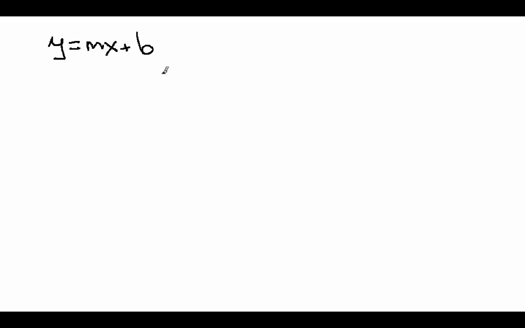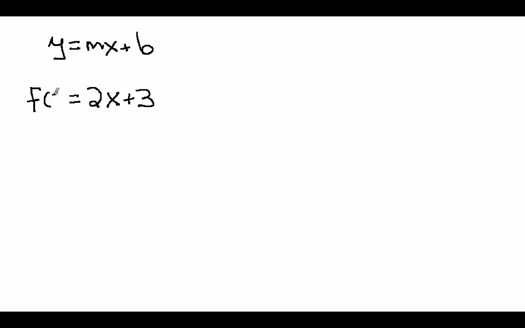Okay, this is an equation of a line. This was the y-intercept. This over here was the slope of the line. Why don't we make this a real example here and say it's like 2x plus 3. Okay, and I'm going to call this f of x.